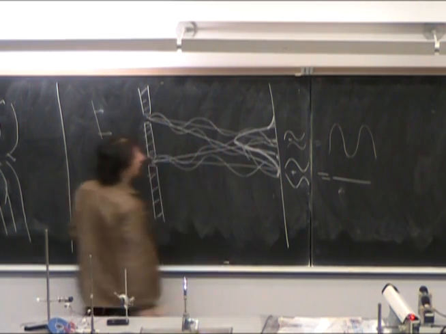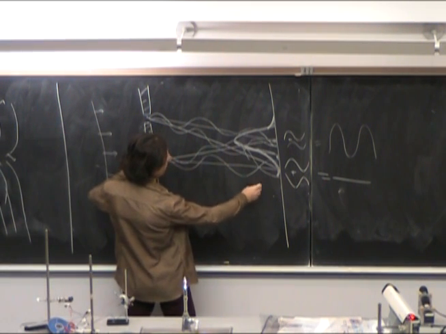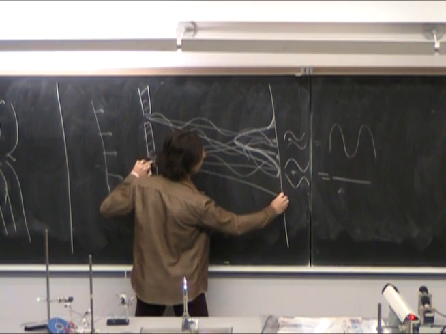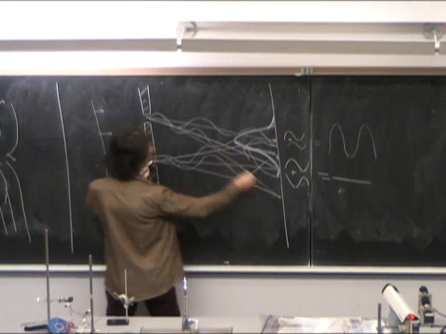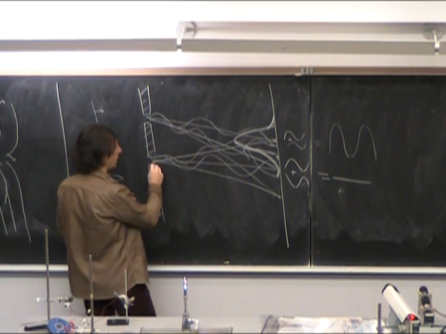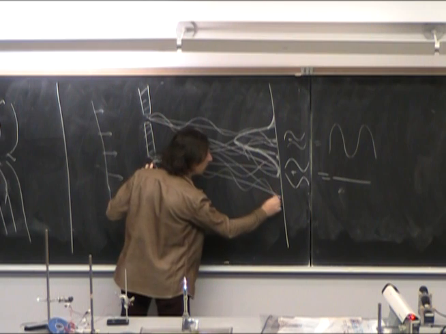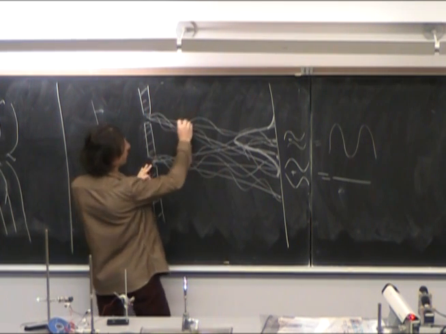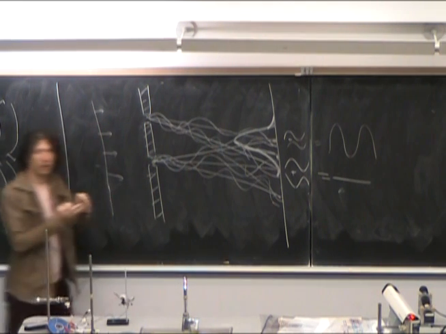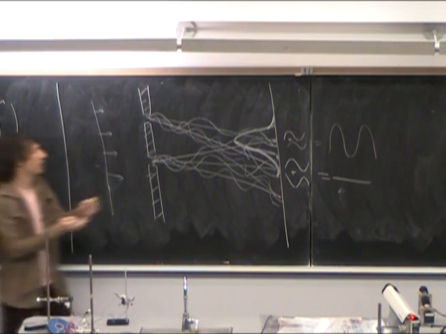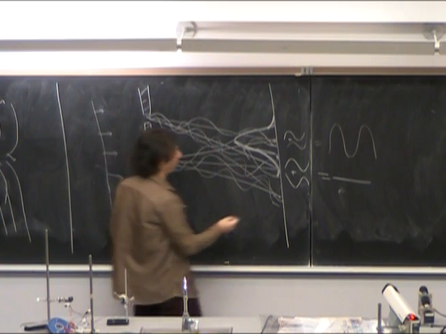What happens at the next point? At the next point, I'm going to have now one full wavelength of difference between this path and this path. And so even though this wave will have fewer wiggles than this wave along the path, they both will arrive at the same phase because this one is just shifted by one full wavelength.